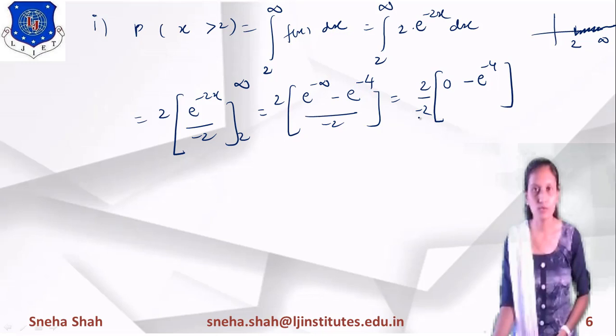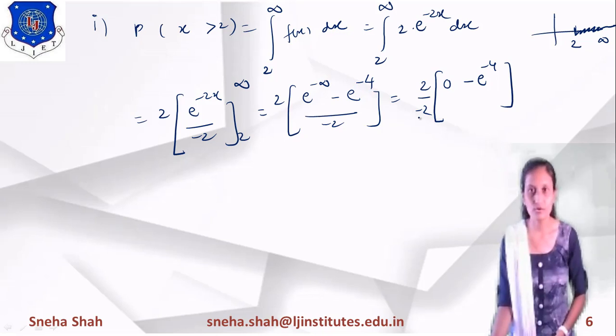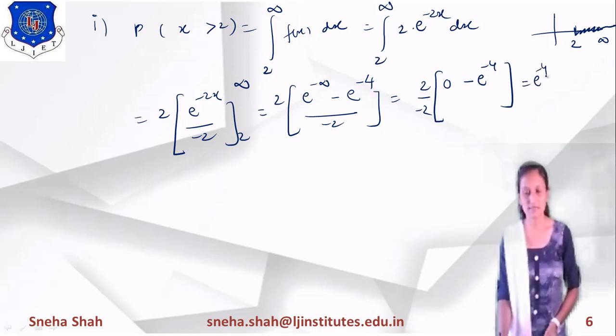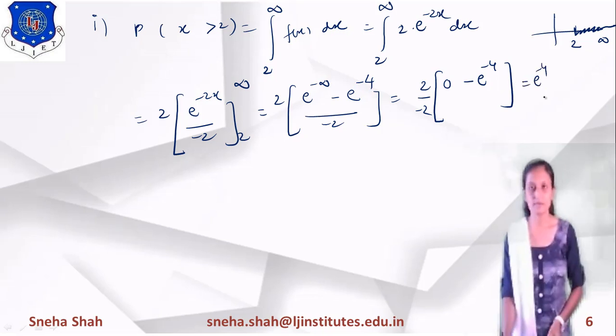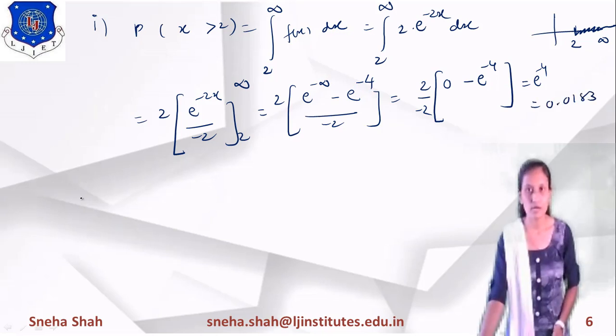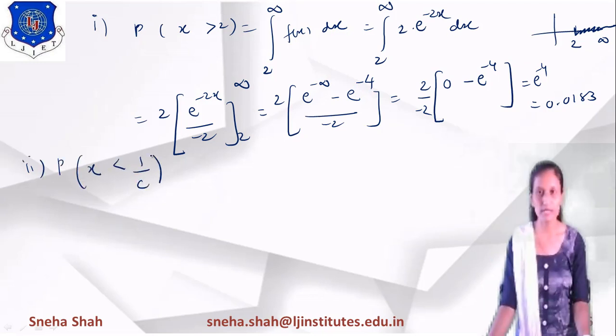The 2 will be cancelled out, and minus, minus will be cancelled out, so the final term will be plus e raised to minus 4. Now if I find the value of e raised to minus 4, the answer is 0.0183.